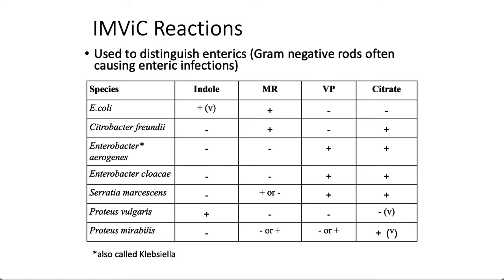So IMViC stands for indole, MR, VP, and citrate test, and again, it's very commonly used for gram-negative rods called enterics, because they cause enteric infection. And you can see that if you do all those reactions, it's easy to figure out which is which because they don't have the same pattern.